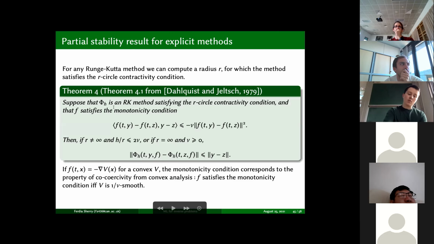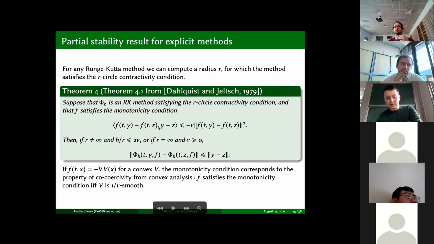And if you have a Runge-Kutta method, given the parameters, you can compute a radius r for which it satisfies the so-called R-circle contractivity condition. Once you do this, you get a constraint on your step size that ensures that your numerical integration will be non-expansive as long as your step size is small enough.